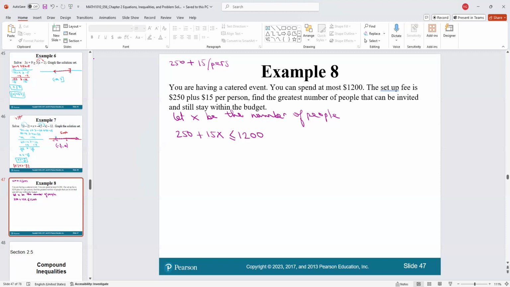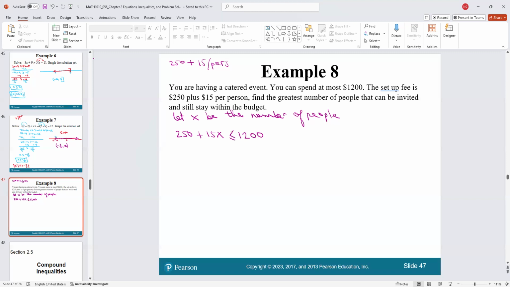That's the maximum money you can spend. Setup fee plus cost per person times the number of people must be less than or equal to 1,200.